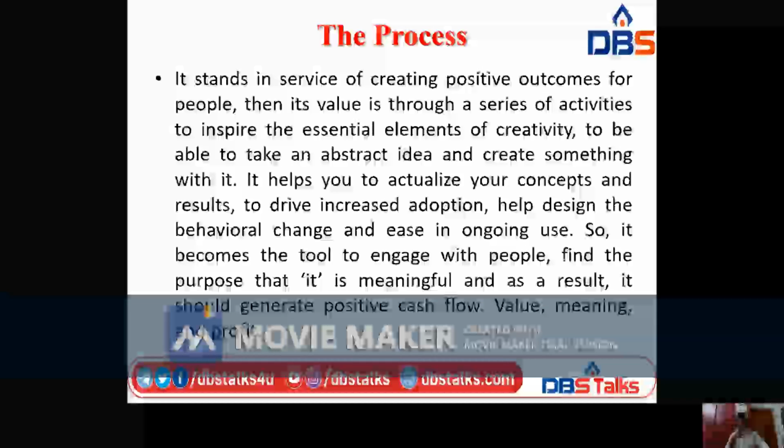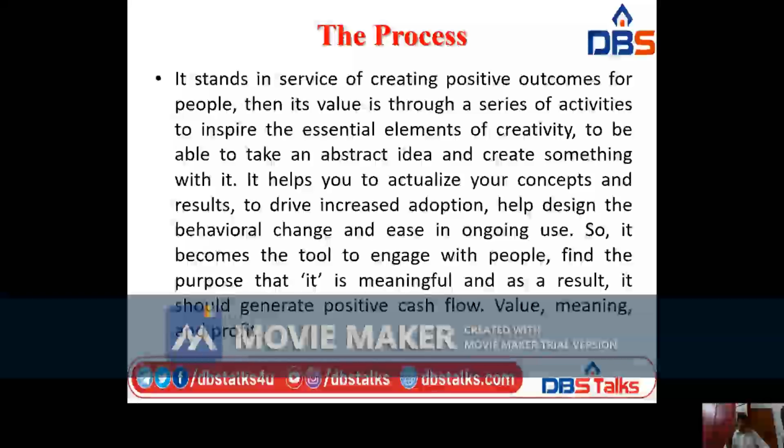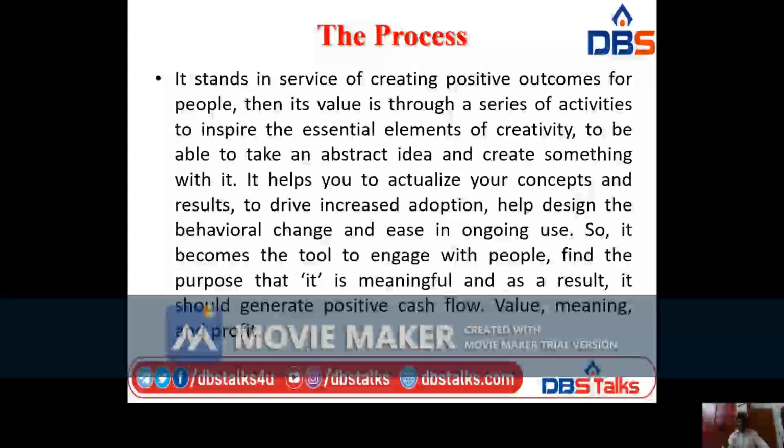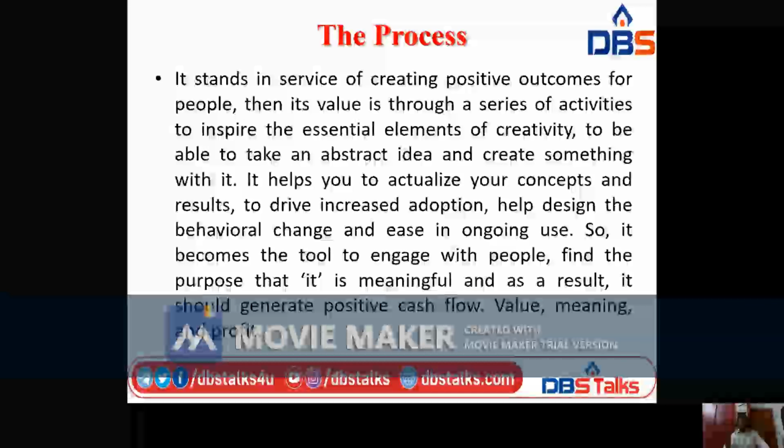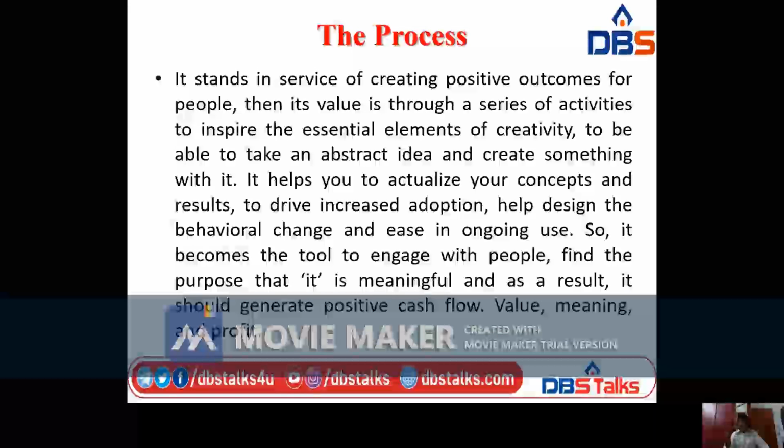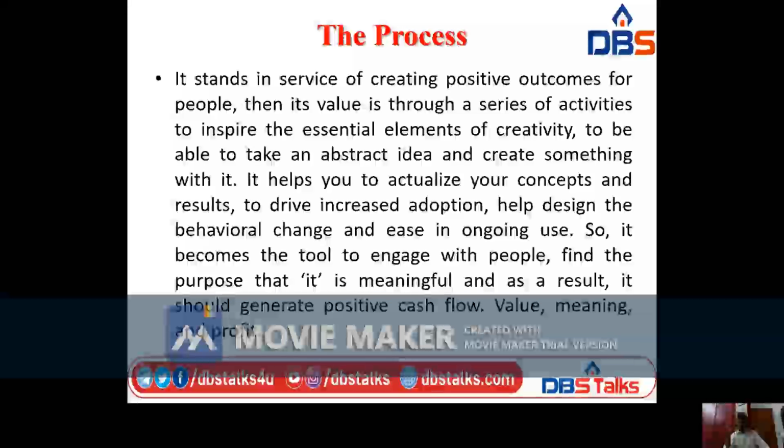If we initially take some abstract idea and make it concrete, it helps you to actualize your concepts. Now we are performing actual things by using the concepts and the results to drive increased adoption.